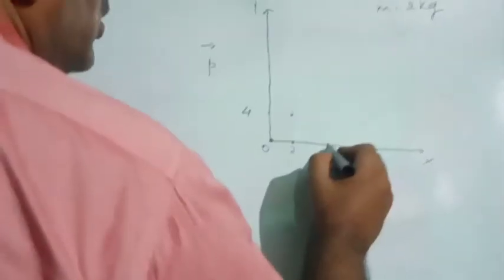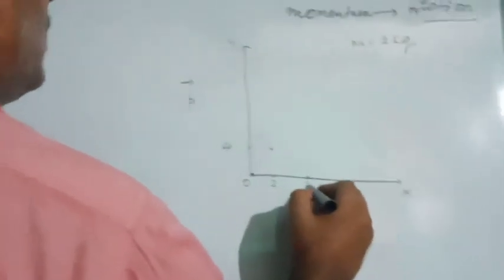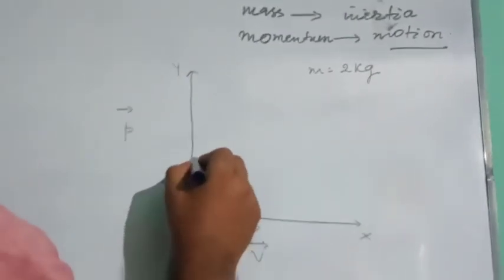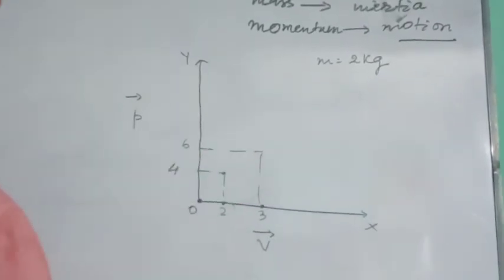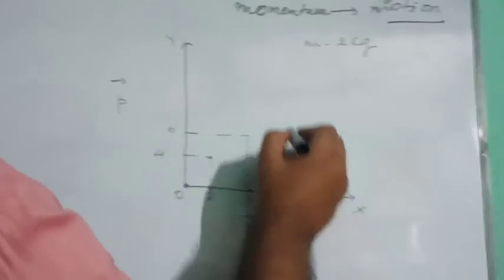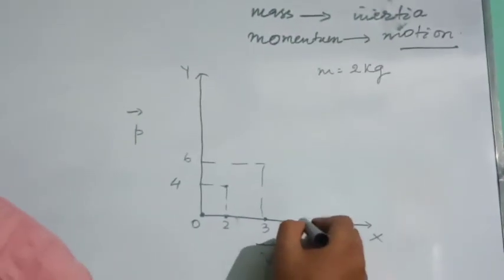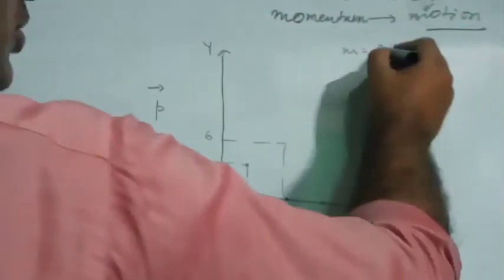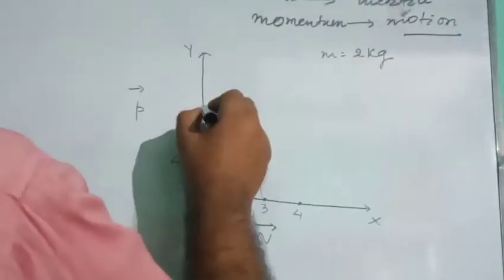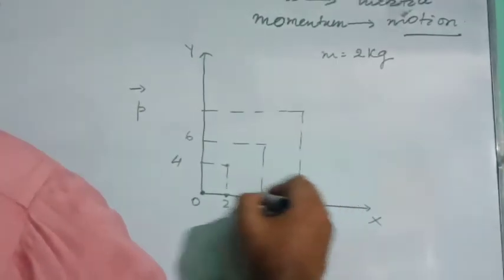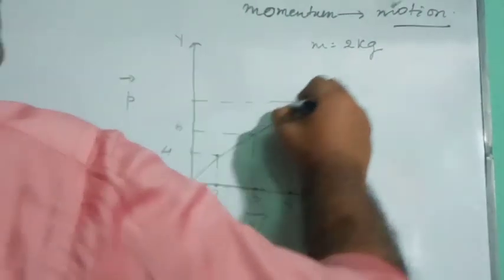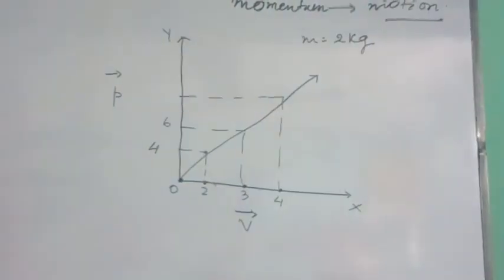After some time, its velocity is 3 meter per second, its momentum is 6. After some time, its velocity is 4 meter per second, then its momentum is 8 kg meter per second, and you get a straight line.